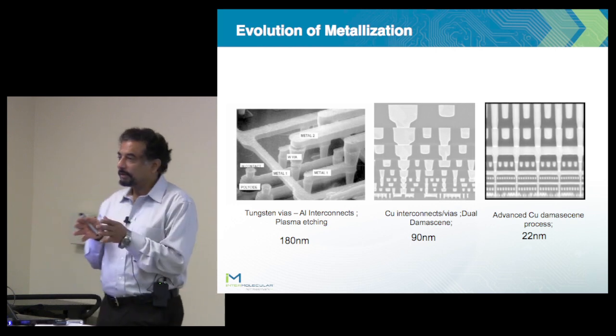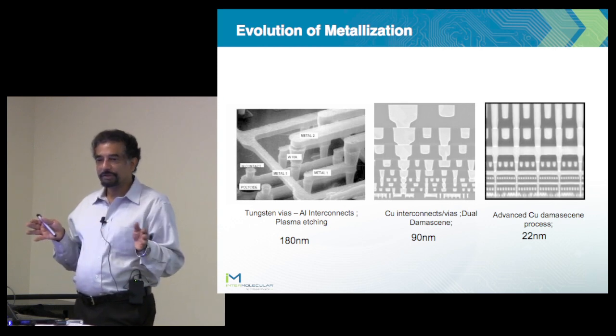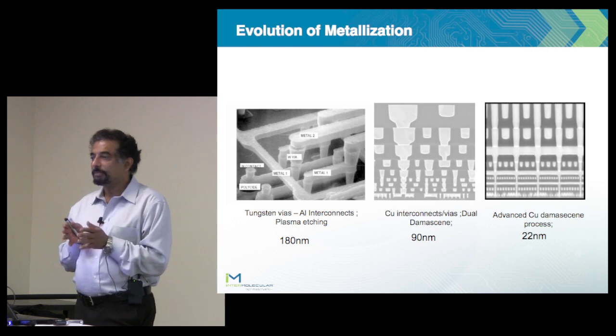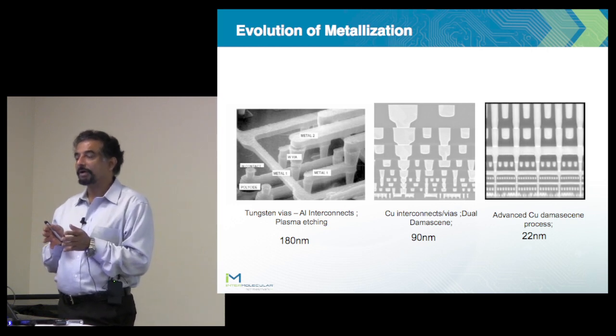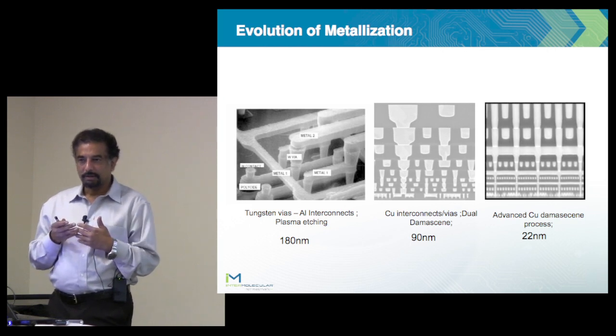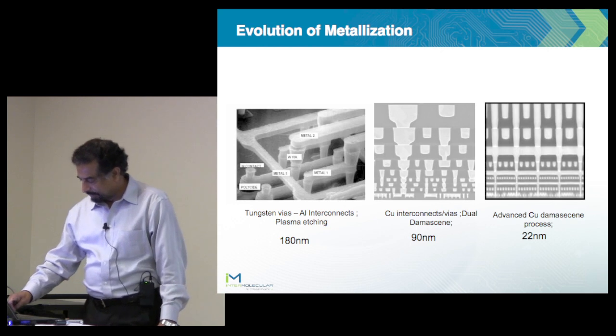So the whole idea, in both the device as well as the interconnect side, is to shrink, as you've seen, but it's also to have a corresponding improvement in performance at the same time. So both are necessary, the scaling as well as the improvement in performance.